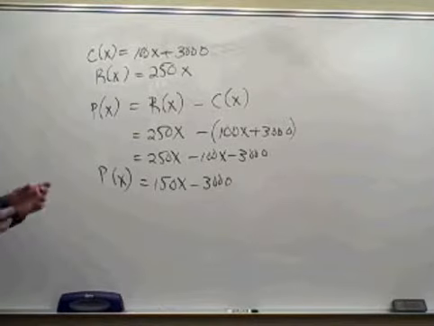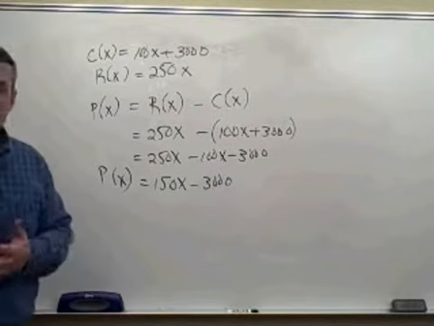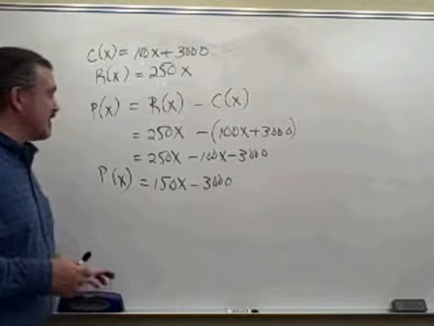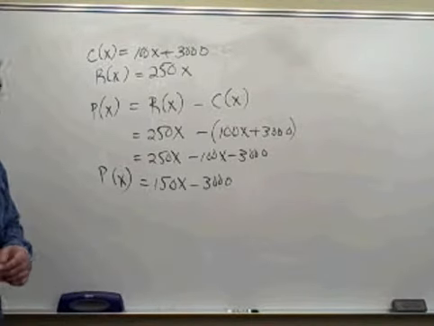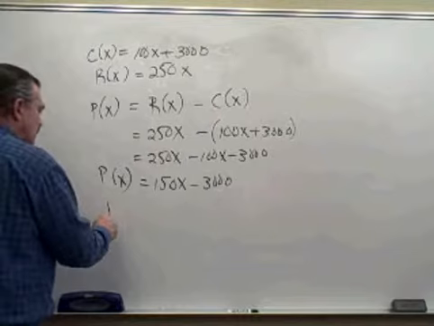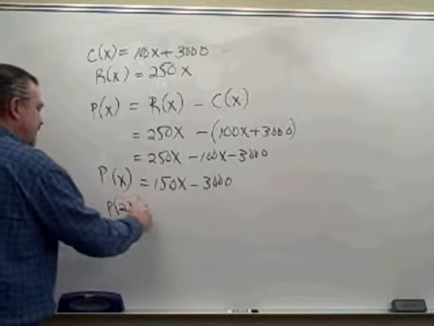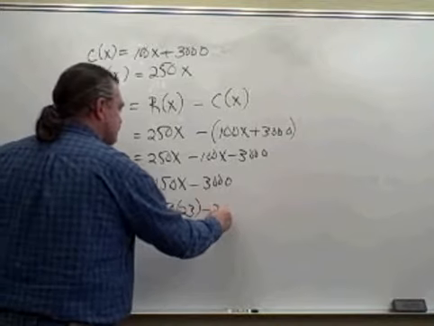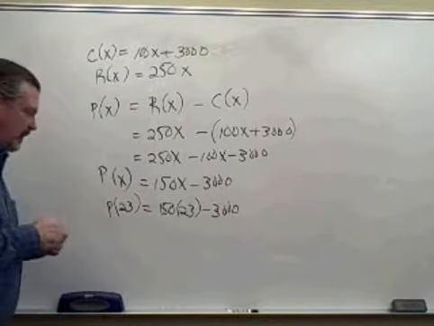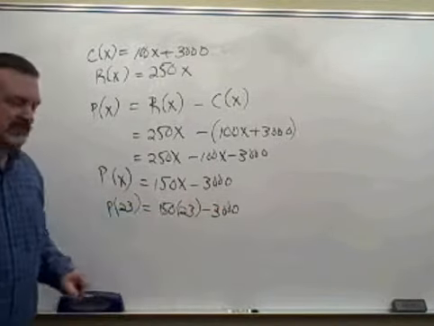But once we get past that figure of 20, we could use this function to determine what our profit amount would be. For instance, let's suppose on a given day we made 23 pairs of rocket skates and sold them. We could use our profit function by substituting 23 for x.